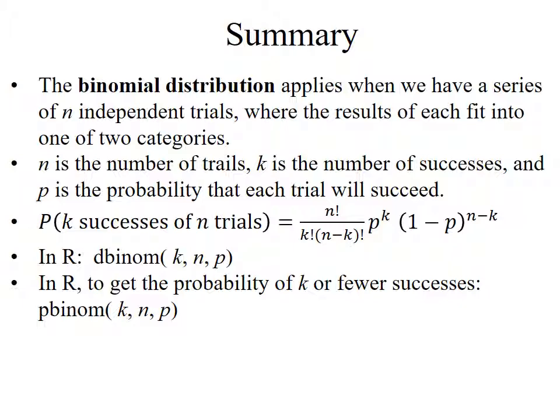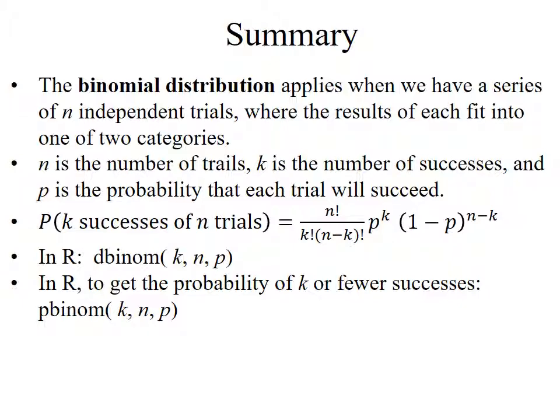And therefore, the magical, wonderful, powerful formula that allows us to calculate all of this is: the probability of getting k successes out of n trials with a p probability of success is n factorial over k factorial times n minus k factorial, times p to the power of k times 1 minus p to the power of n minus k.